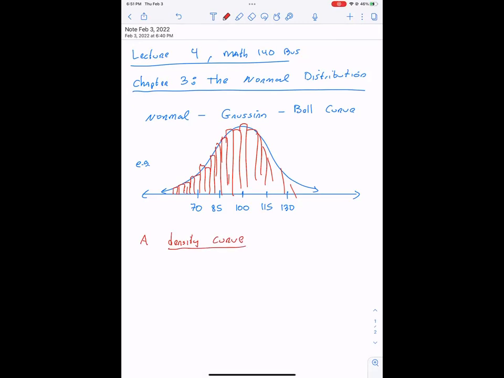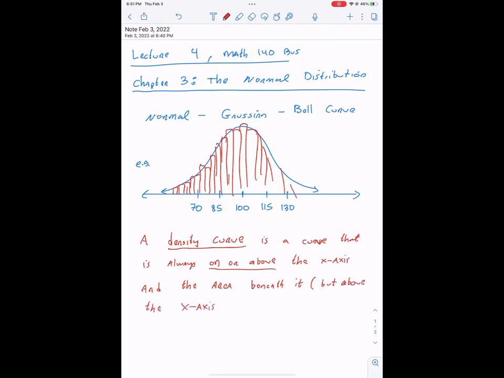A density curve is, first of all, a curve that is always on or above the x-axis, and the area beneath it, now when I say beneath it, I mean but above the x-axis itself, is equal to 1.